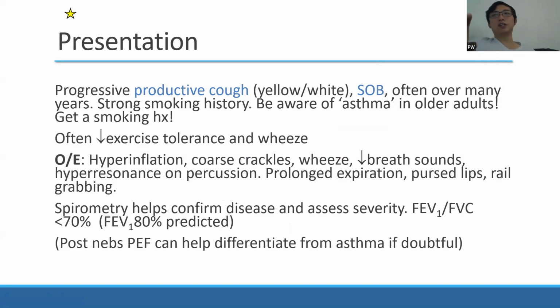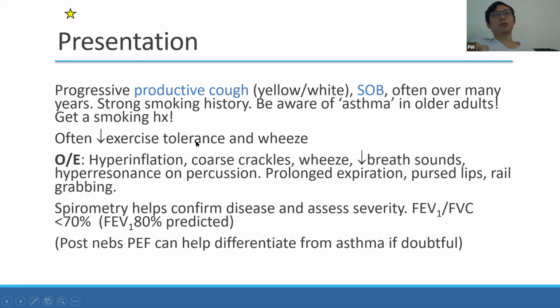Beware of asthma in older adults, because it can come along as well, and you want to see the reversibility. So you might want to do a peak flow instead of assuming this middle-aged smoker has COPD, because asthma you can actually reverse. And you definitely need to get a smoking history in any respiratory patient.